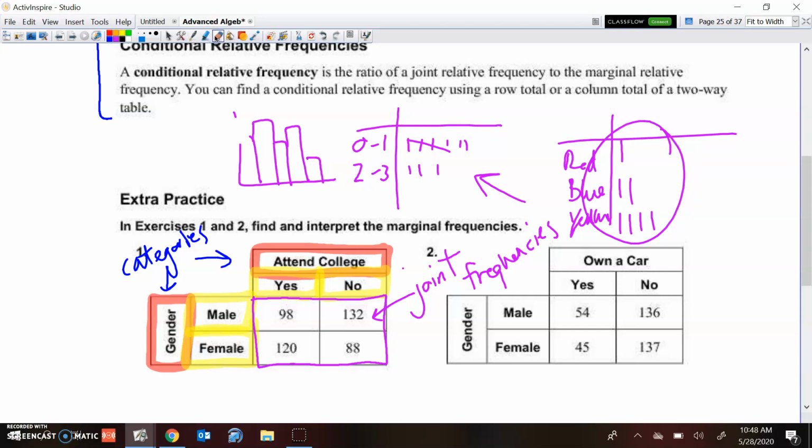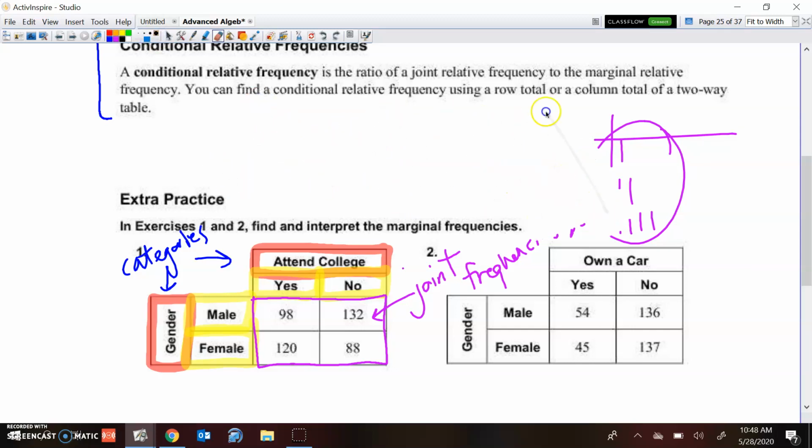Now the next word says joint. If you think about a joint, like your elbow joint or your knee joint somewhere in your body, it's where 2 things come together. So these are joint frequencies because if I look at the 98, that means that there were 98 students who were male that said they attend college.